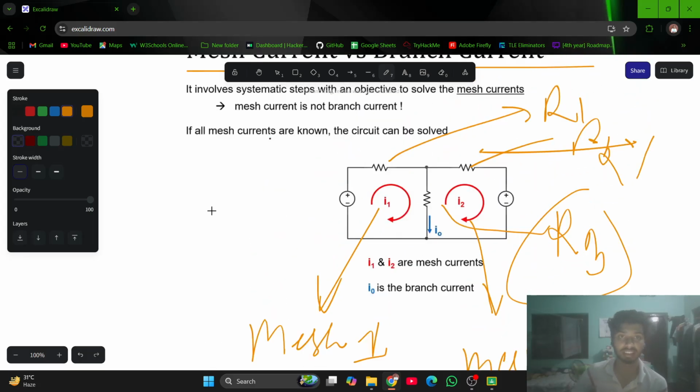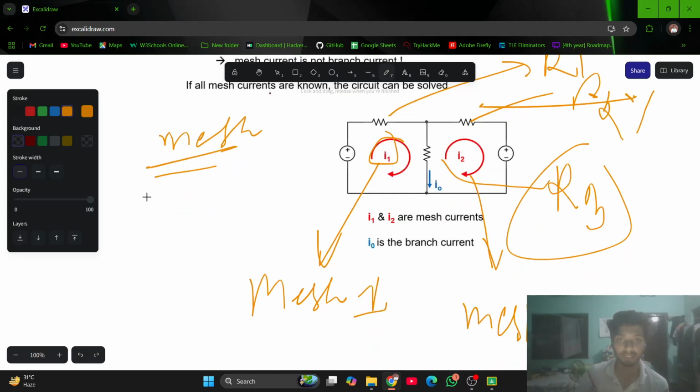If you write the equation of mesh 1, in this case the main current will be I1, and if you write the equation of mesh 2, in this case the main current will be I2. So how can we get the R3 current? As we write the equation of mesh 1, just write R3 times the main current, I1, and then subtract the rest of the current from the main current.